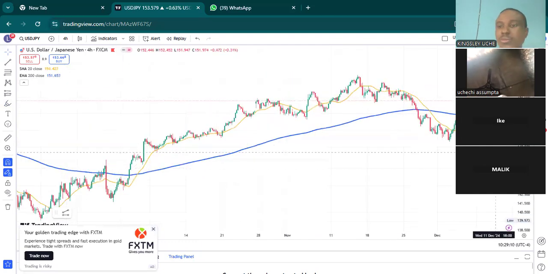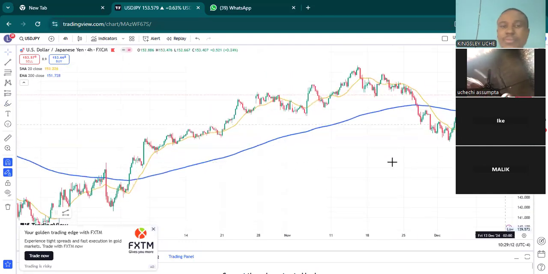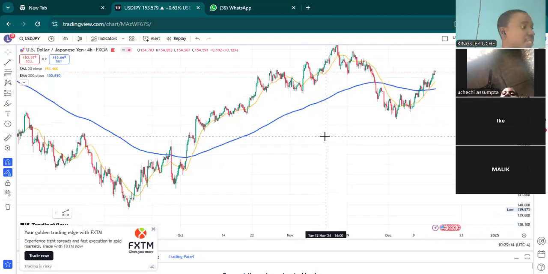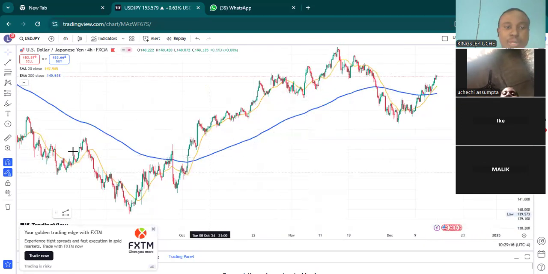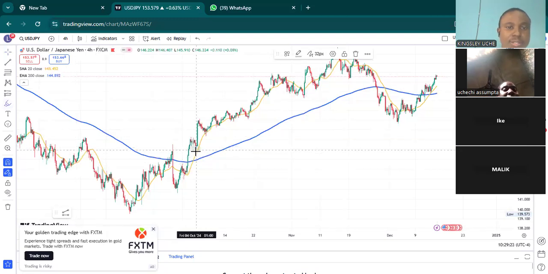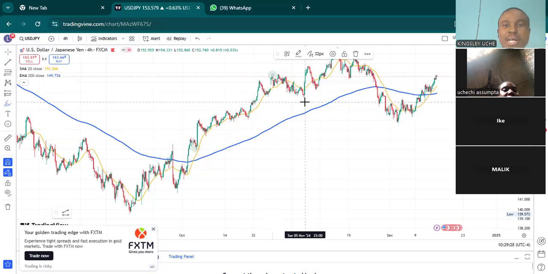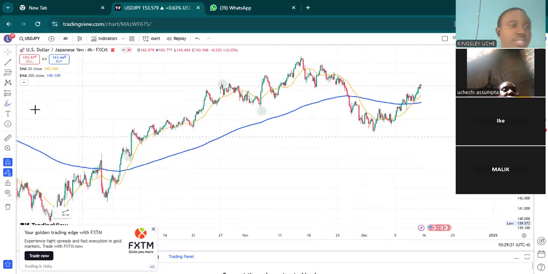All right, now our higher high should be here. We can put our higher high here, our higher low here. This can be a higher low, right? Let me put this here.